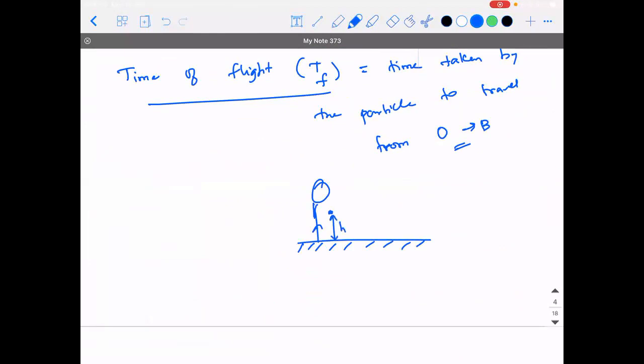You're saying it has some potential energy, and when you throw it, you're saying it is kinetic energy. Is that what you're trying to say? Yes, sir. You can say it had potential energy if you take the ground as the reference.